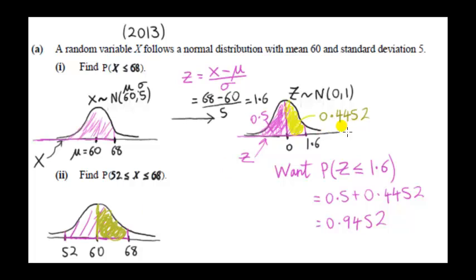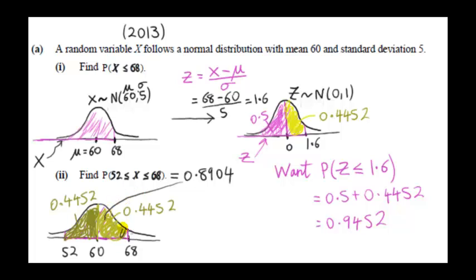We saw from the table that it's 0.4452. So this area here is also 0.4452. Doubling 0.4452 gives us 0.8904. So that's the area in here from x equals 52 to x equals 68.